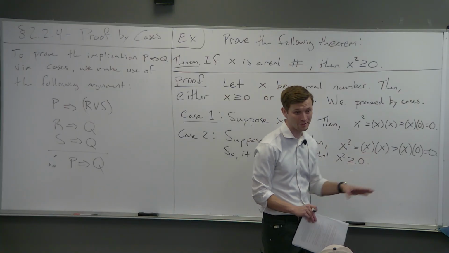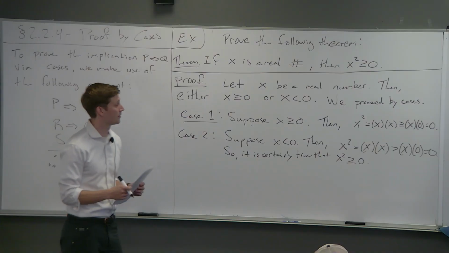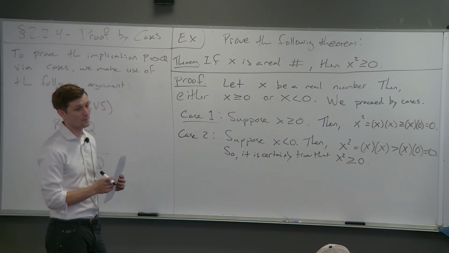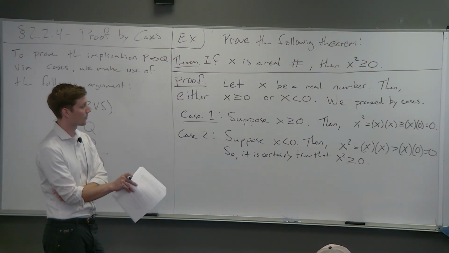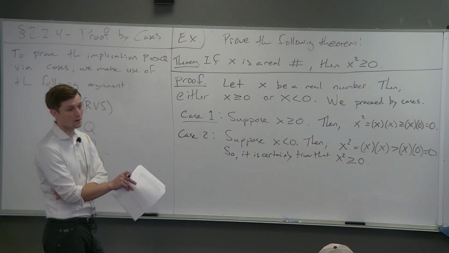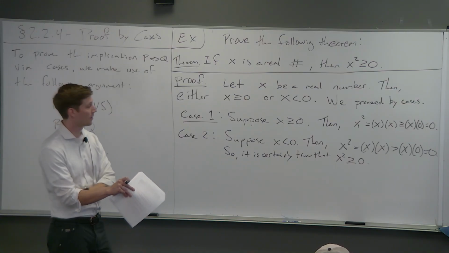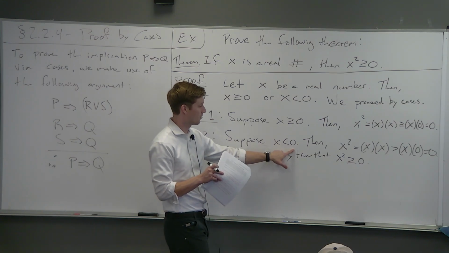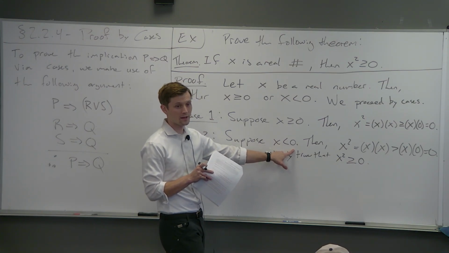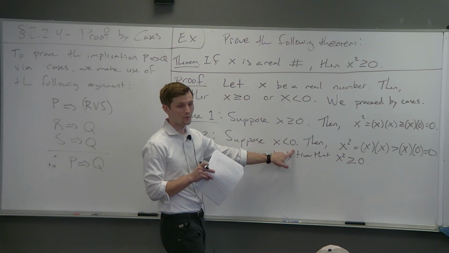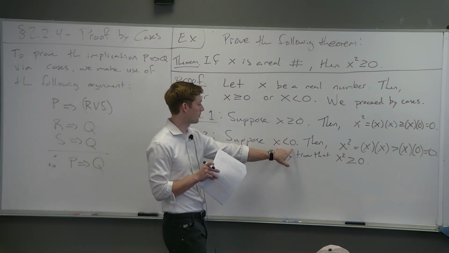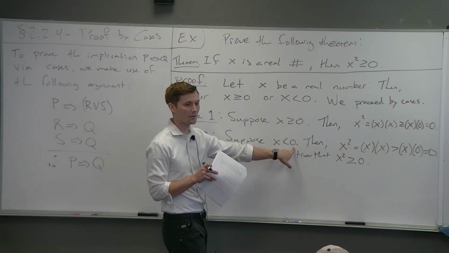OK, fine, fine. Yes? Why does the inequality flip when, why is the x's not negative? What? Why are the x's not negative? They are negative. X is less than 0, right? So it's negative. And when you multiply an inequality by a negative number, it flips, right?